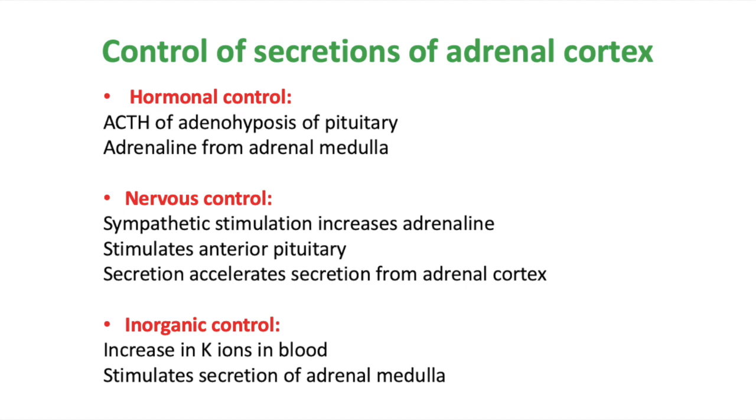Actually, the sympathetic stimulation increases adrenaline, which in turn stimulates anterior pituitary to secrete its hormones. These hormones accelerate the secretion from adrenal cortex. Third is inorganic control. It is done by increase in potassium ions in blood, which stimulate the secretion of adrenal medulla.